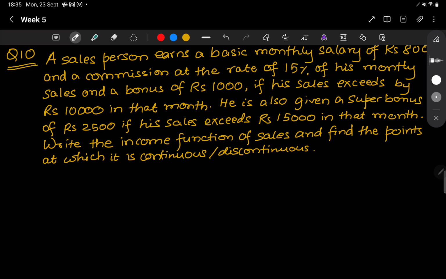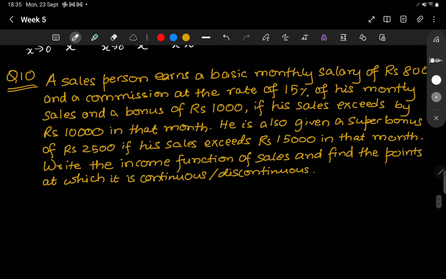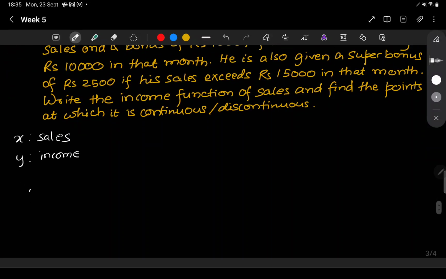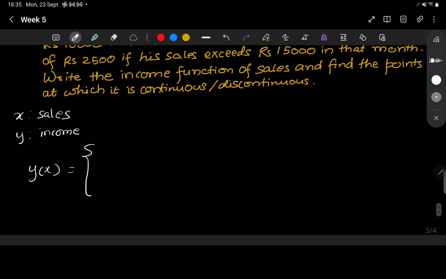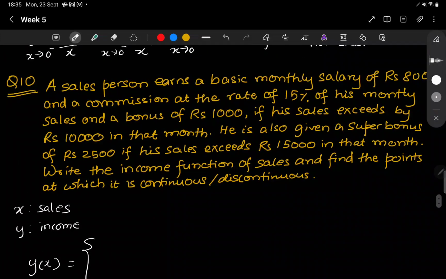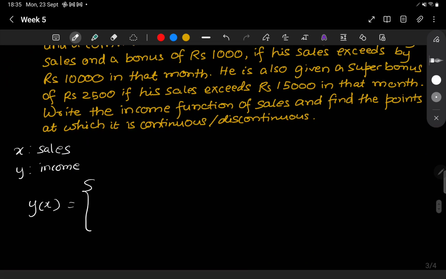Okay, let us now discuss the solution. So let X denote the sales and let Y denote the income. So we need to define this function. It will be a piecewise definition. So the first part is a basic salary of rupees 800 and a commission at 15%.